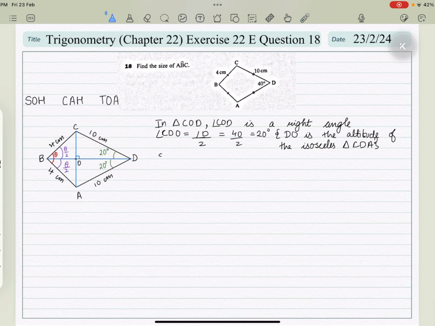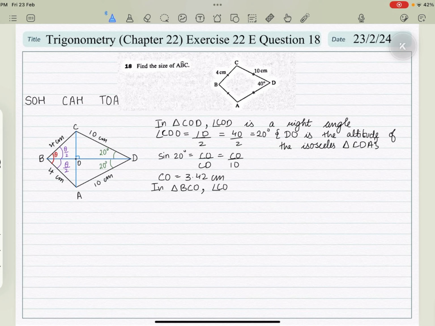We're going to say sine 20 degrees is equal to opposite upon hypotenuse, that is CO upon CD, that would give us CO upon 10, and this would make CO equal to 3.42 centimeters.